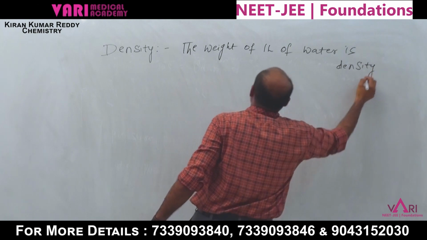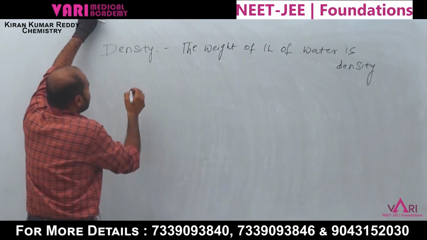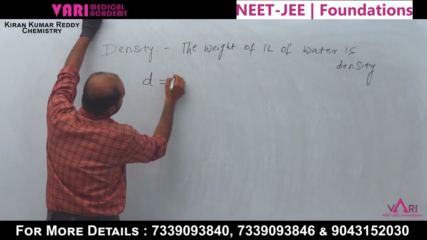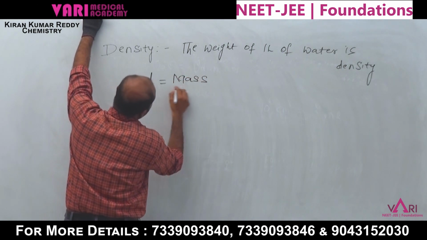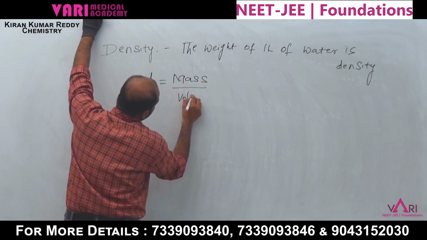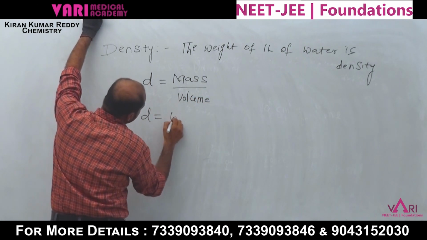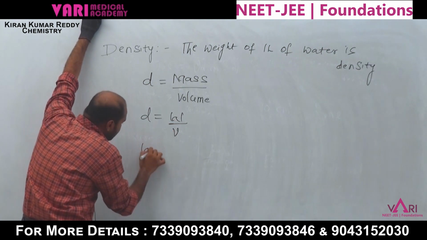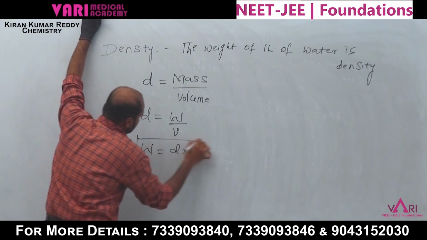If we take the density symbol D, density is equal to mass by volume. We can also write density is equal to weight by volume. Now weight is equal to density into volume. Remember this one.